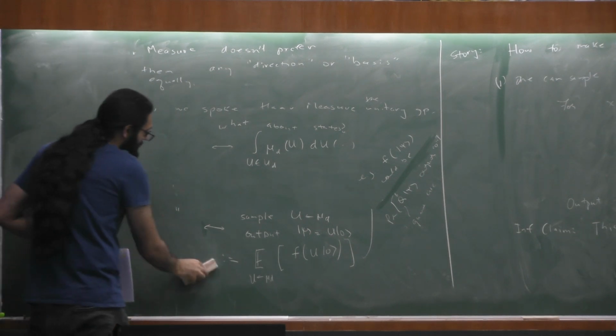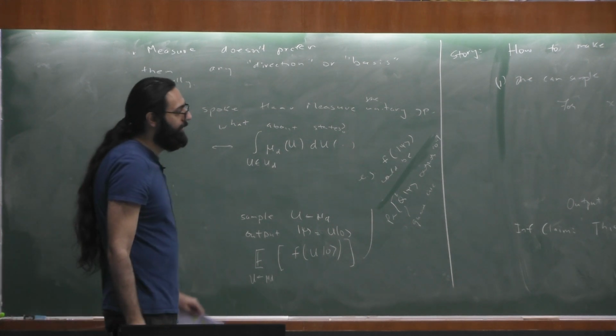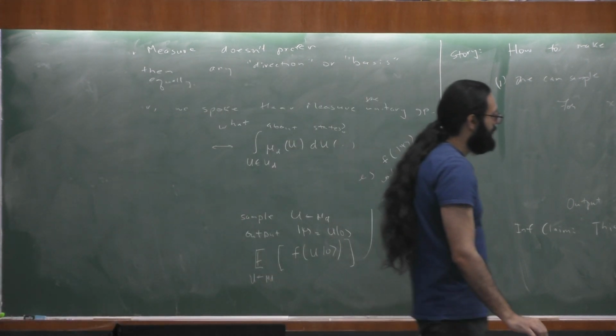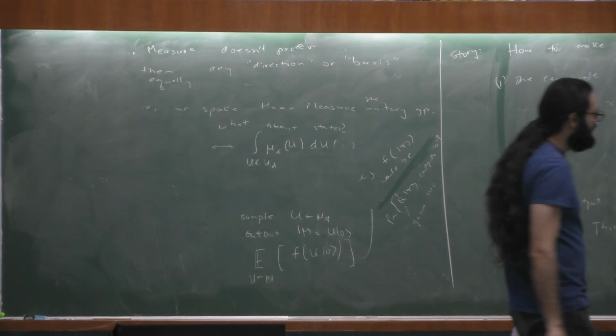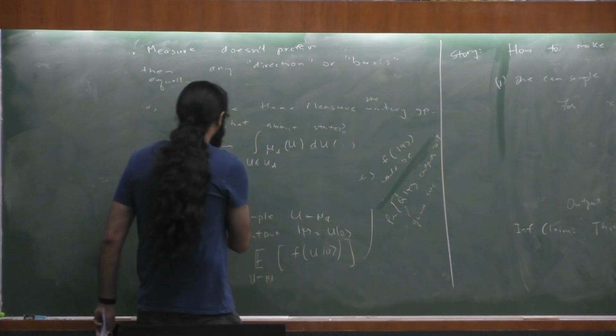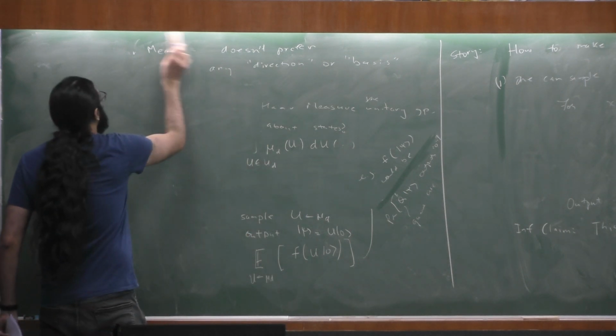The second part is the cyclicity and linearity of trace. The trace can go inside the expectation, then yeah, actually you're right. So the second part is at least straightforward.